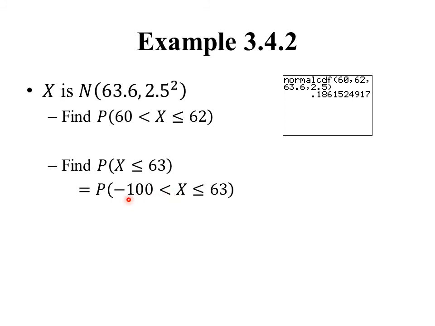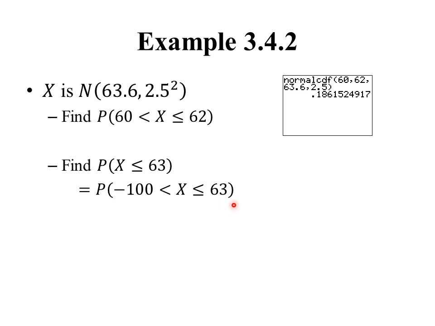Here we're going to choose a lower bound of negative 100. Nothing magical about the number negative 100, but our heights are never going to get down to negative 100, so that really doesn't restrict anything. So this probability here is approximately equal to the probability that x is between negative 100 and positive 63.